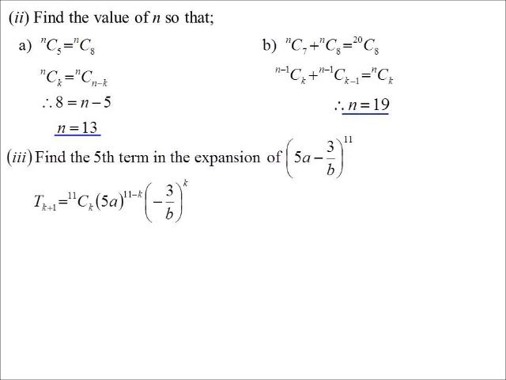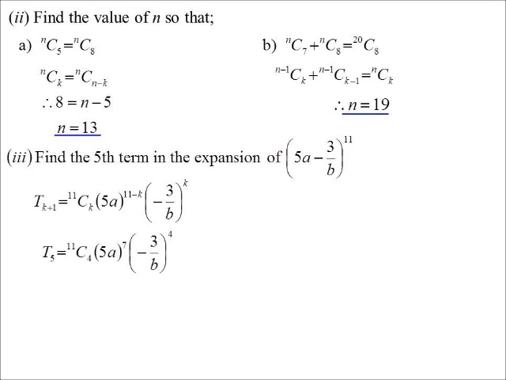It'll be 11Ck, 5a to the power of 11 minus k, the first term to the power of 11 minus k, then the second term. In reality, when I set my general term up, I write 11Ck, 5a, I don't put any power on it. The second one I go to the power of k. So the two powers add together to give 11. We want to find the fifth term. So that's going to be when k equals 4.